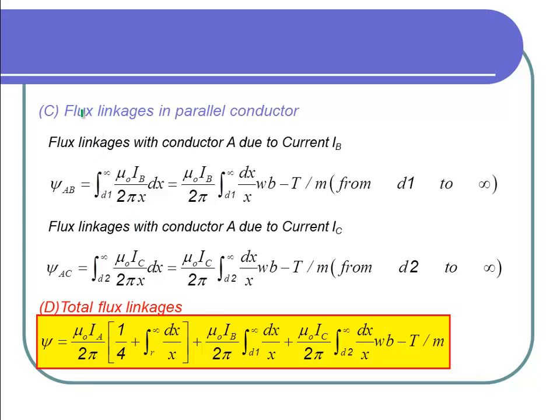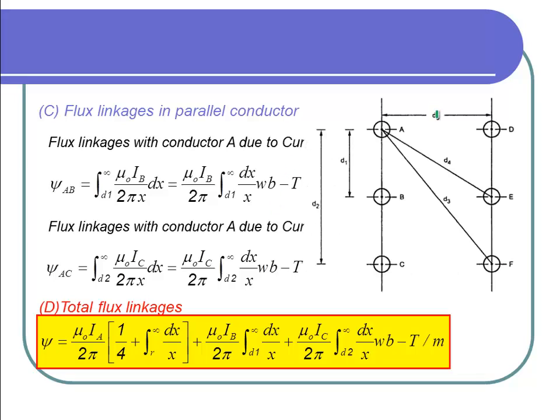So let us see the flux linkage with parallel conductors, that means the neighbor conductors. If we are going to calculate the flux linkage on A, we have already derived that if the current IA is flowing through conductor A, then the internal as well as external flux linkage we already solved.